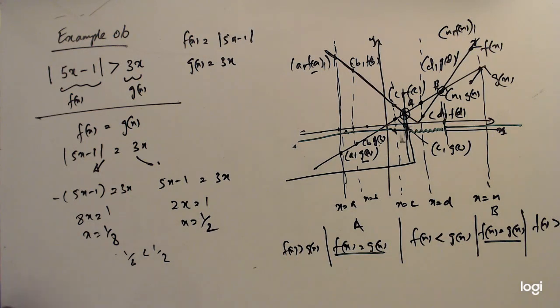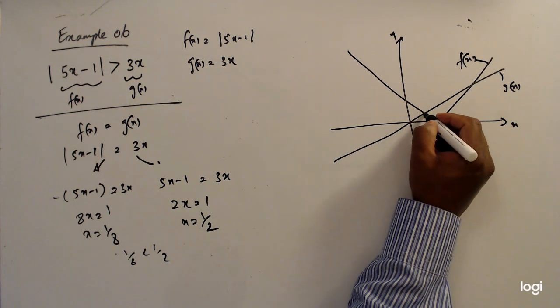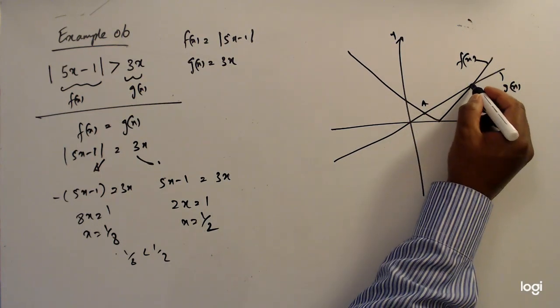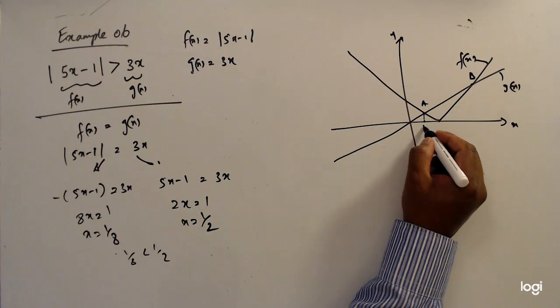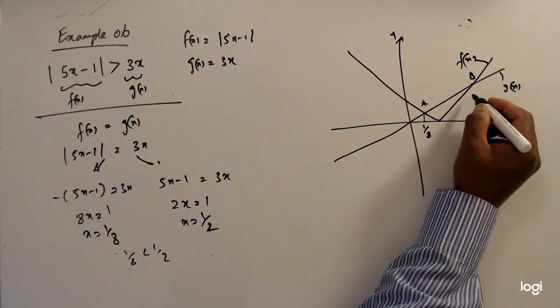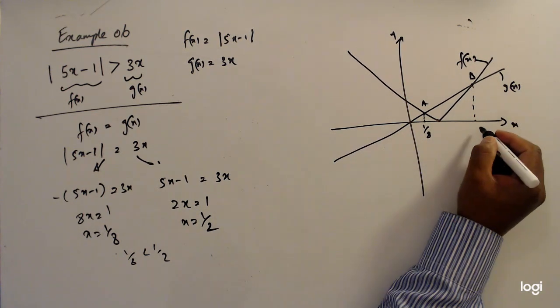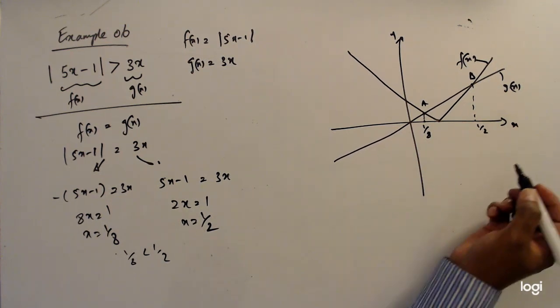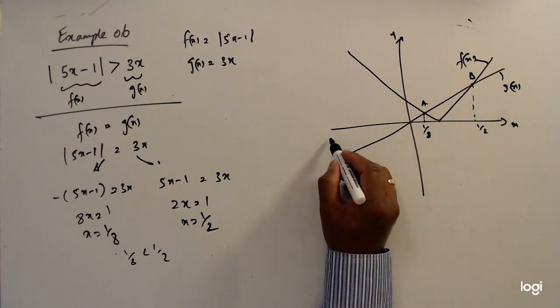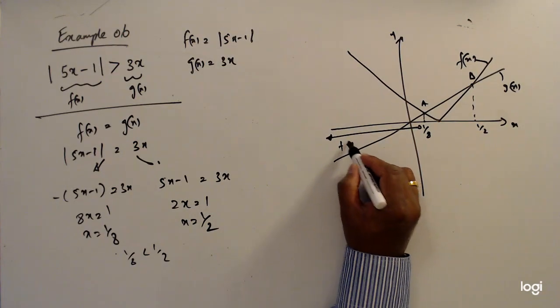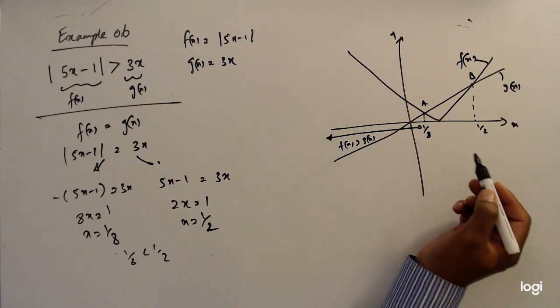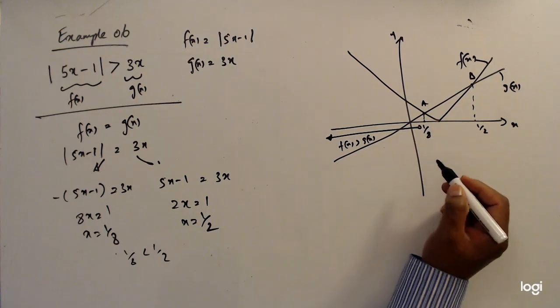So I will redraw this graph. This is a and this is b. This x value is 1 over 8 and this value is half. Up to 1 over 8, fx greater than gx, and at this point fx equal gx.